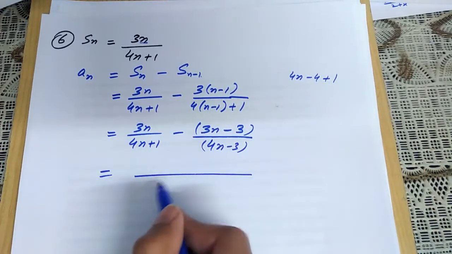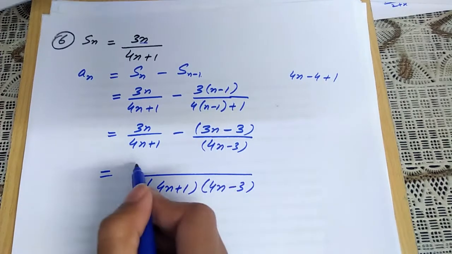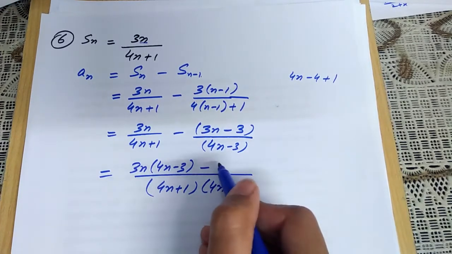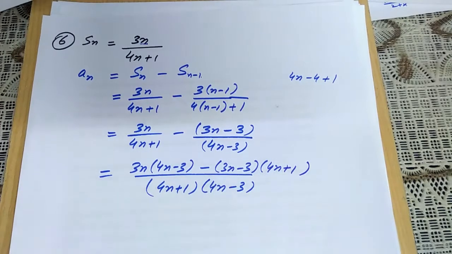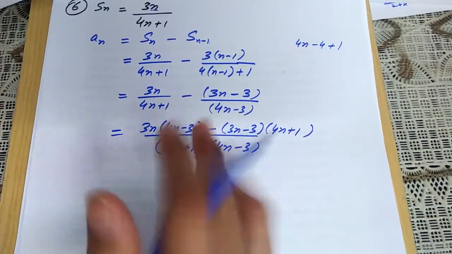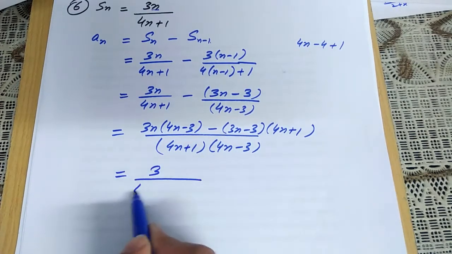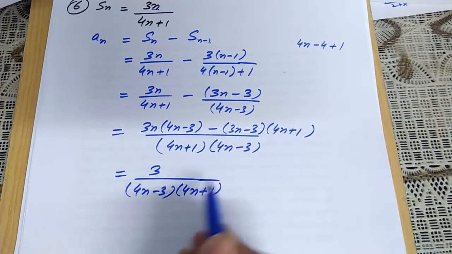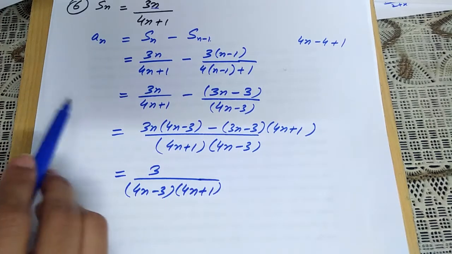Now take the LCM, 4n plus 1 into 4n minus 3. You will get 3n into 4n minus 3 minus 3n minus 3 into 4n plus 1. Now multiply out the terms and you will get 3 over 4n minus 3 into 4n plus 1. So this is basically the nth term of this infinite series.